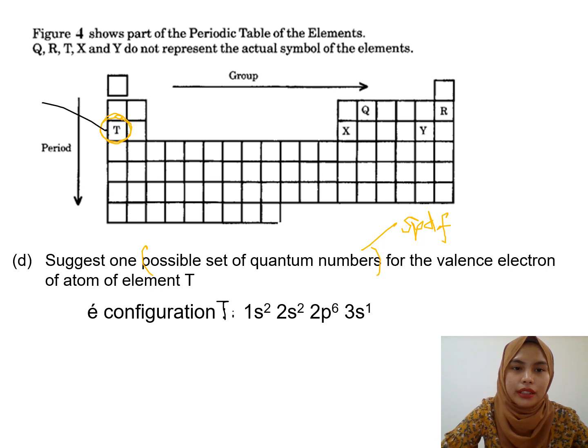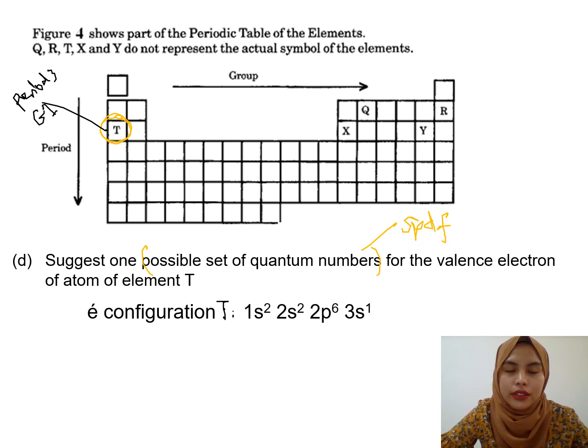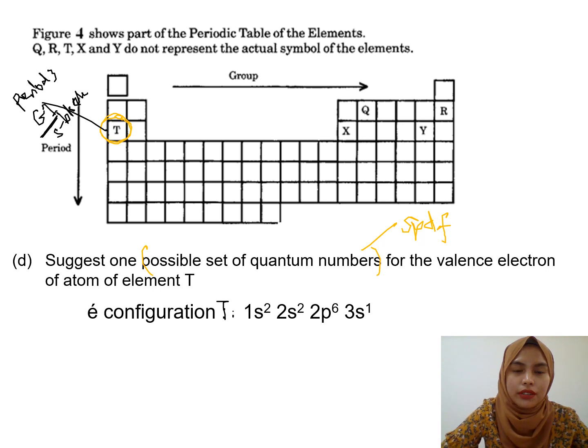pada period ketiga, and then T berada pada group pertama. So bila dia berada pada group pertama and dia berada pada S block, therefore dia punya electronic configuration for the valence electron untuk T will have the general equation ns lah kan.